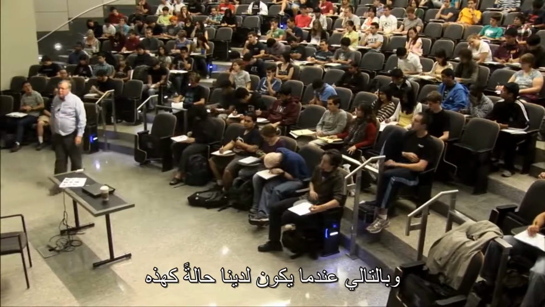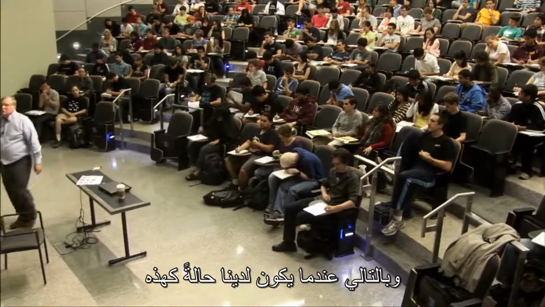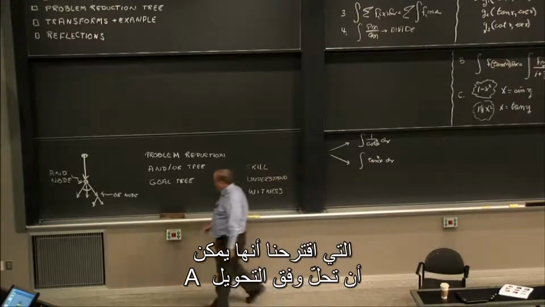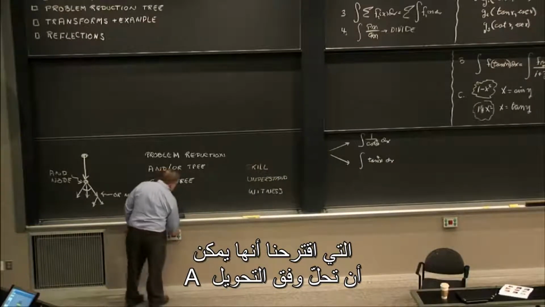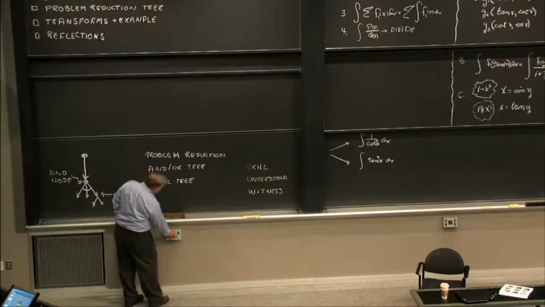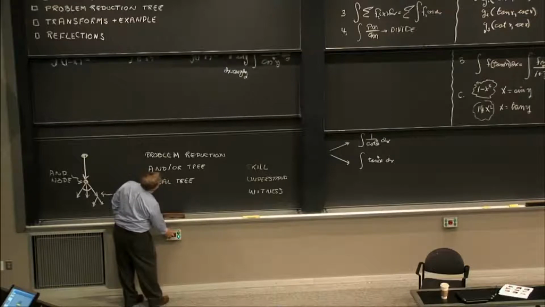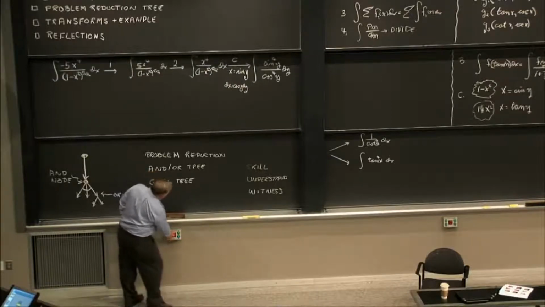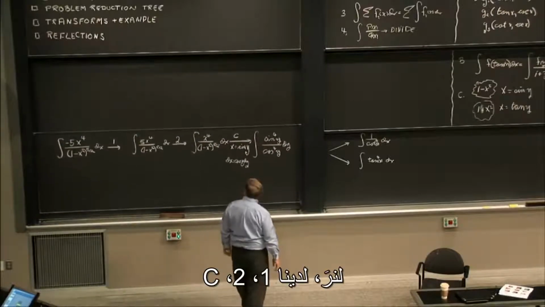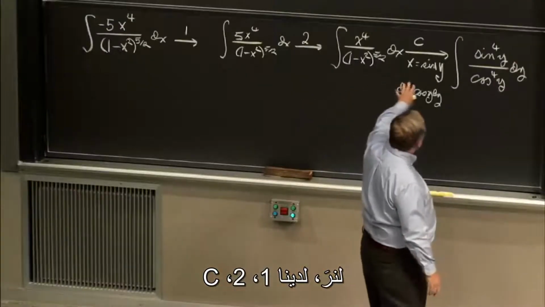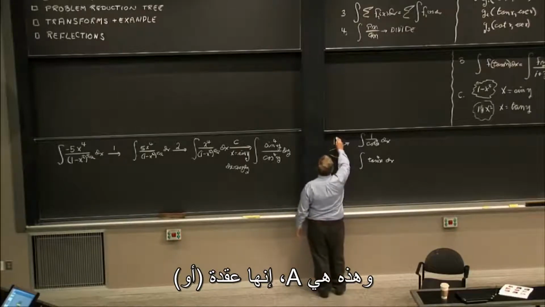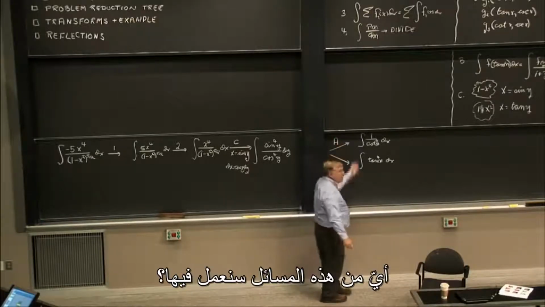So when we get a situation like this, unlike the previous situation, which we suggested might come up in transformation A, let's see, we got 1, 2, C, and this one is A. It's an OR node. Which one of these problems do we work on?